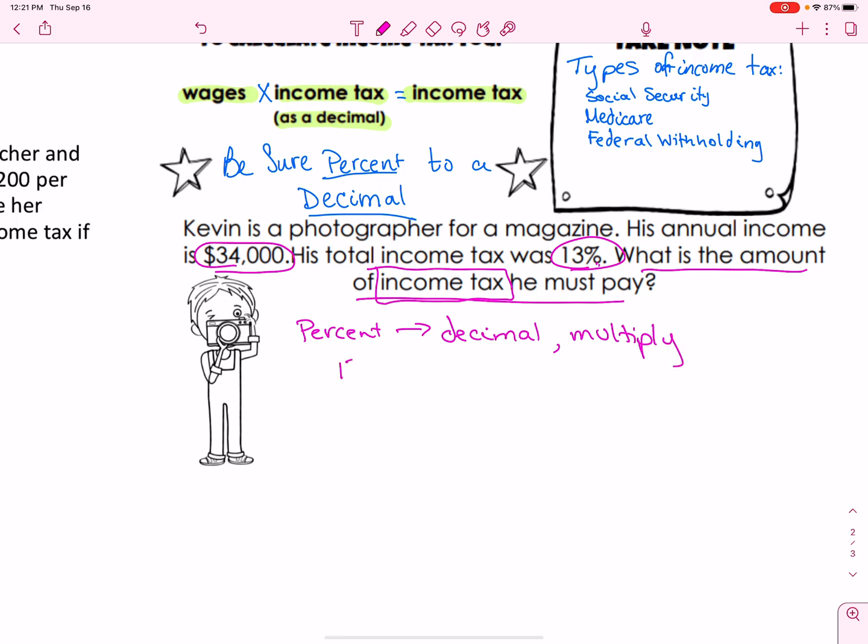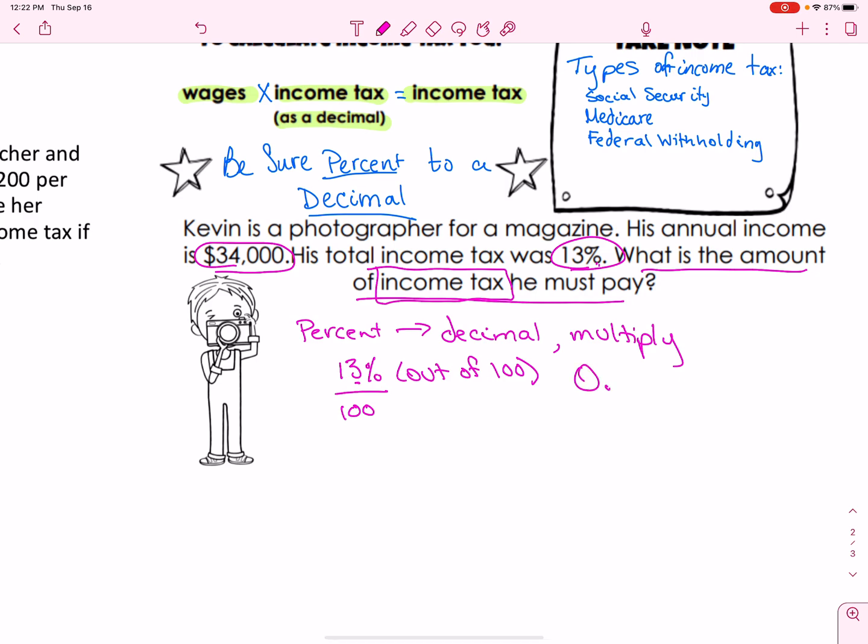So 13% to a decimal, remember percent means out of 100. So 13% divided by 100 in a calculator, or we could look at that 13% and see that this whole number ends in the hundredths place, and look at our place value.